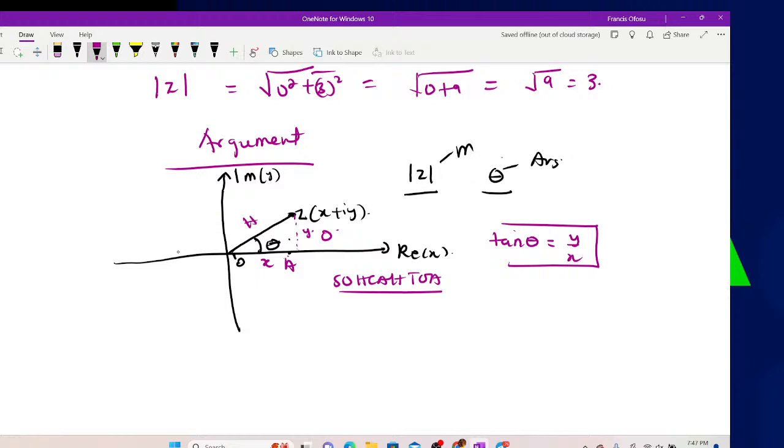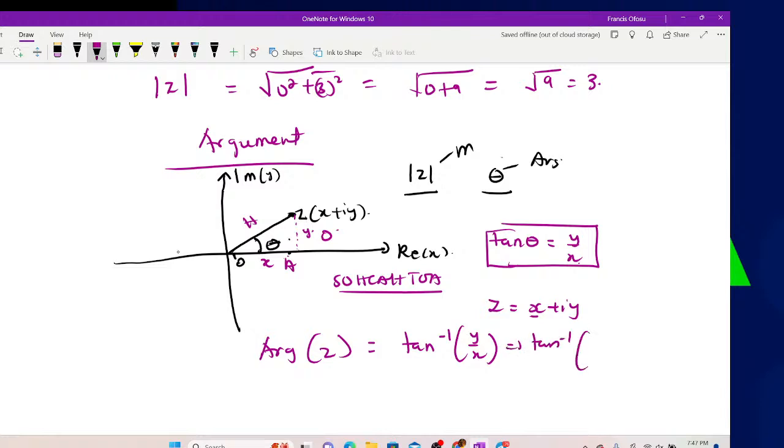And generally, we know that y is the coefficient of the imaginary part of a complex number z equal to x plus iy, and x is the real part, meaning that the argument, represented as arg z, is simply equal to tan inverse of y on x. That is tan inverse of its imaginary coefficient over what? The real part, like this.